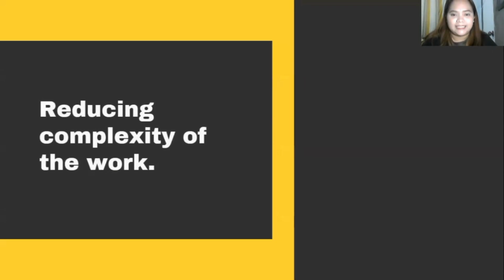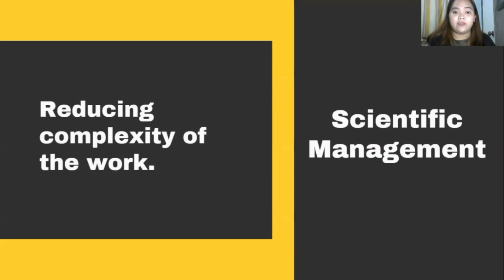In the mechanistic approach, we apply the engineering process. The meaning of engineering process is you are increasing the output of the employees. So it is connected with scientific management, which is the best-known statement here in the mechanistic approach. So what is scientific management?